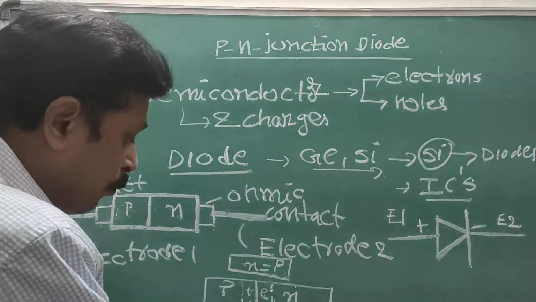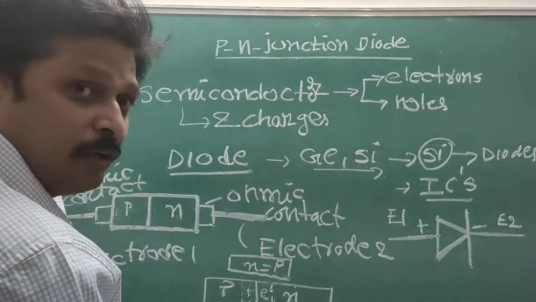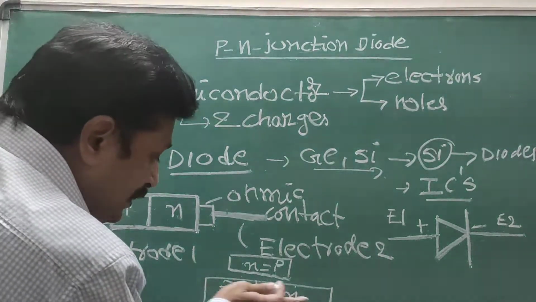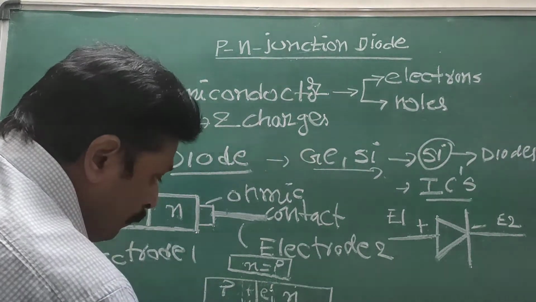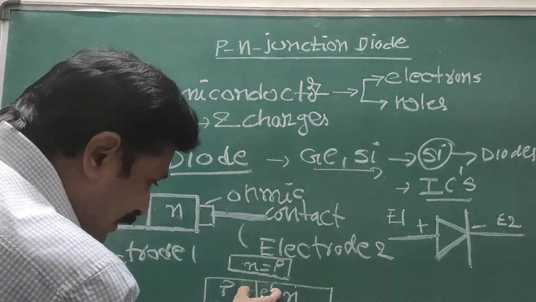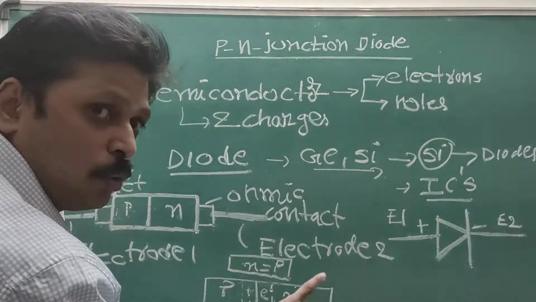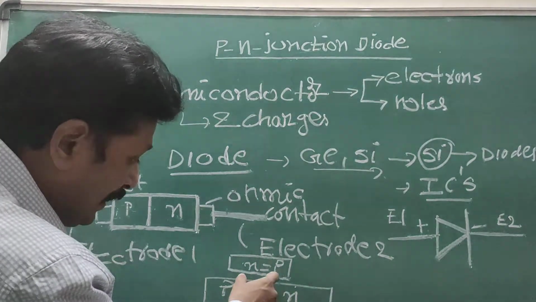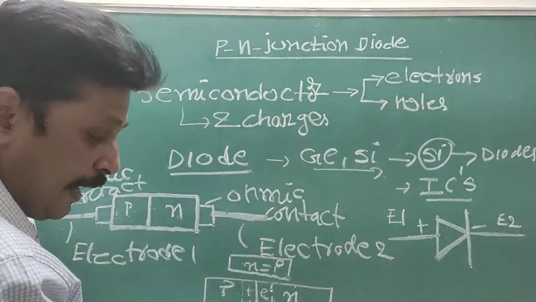There is no movement of additional electrons or holes to cross this depletion region. On its own it is not possible. That is the case existing only at room temperature, based on the construction of this material, or at manufacturing time.